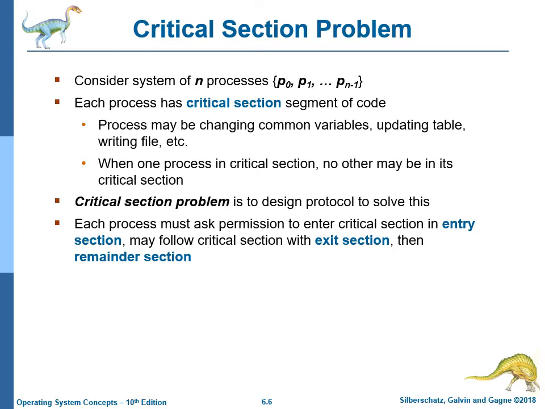Okay, bila dia ada segment of code ni, dia akan menyebabkan ada perubahan pada variable dia. Kita update the table, writing the file and so on. Banyak. Setiap critical section ni dia ada activity dia. Okay, antaranya ialah changes dia punya variable, you update dia punya table, okay, writing the file and then banyak lagi.